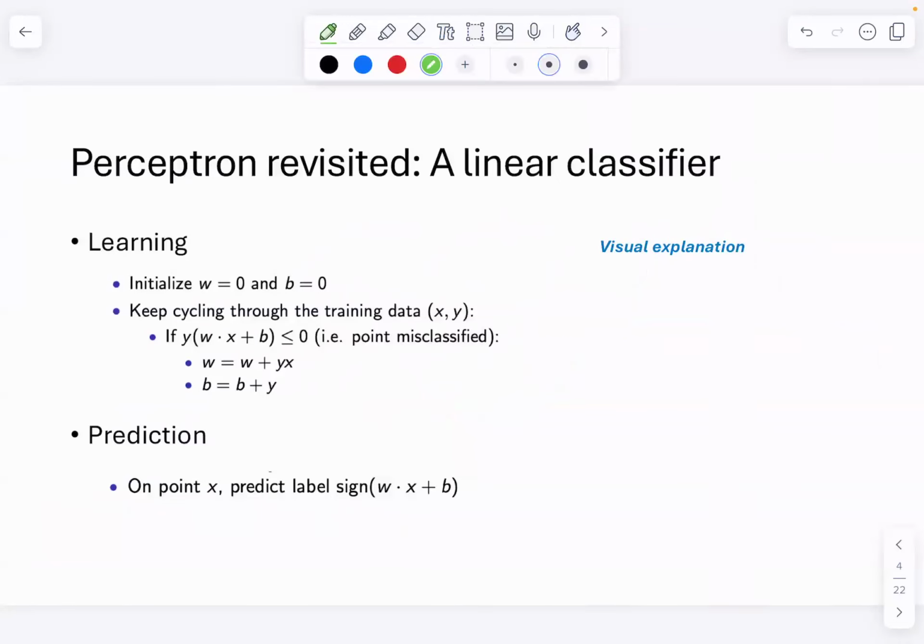So we have the data, we have the model, right? And then the next problem is how can we train the classifier to learn this model?